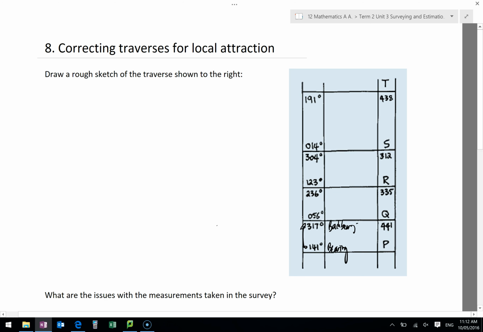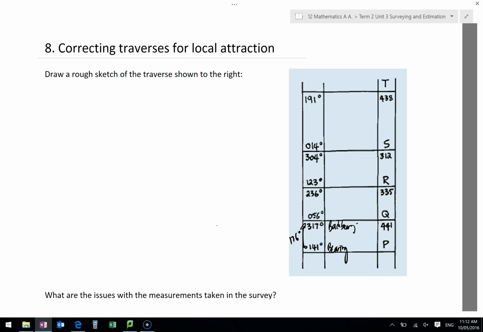However, if we do the calculation, we'll find that it's not 180. In this instance, it's 176. So there's some error involved here.